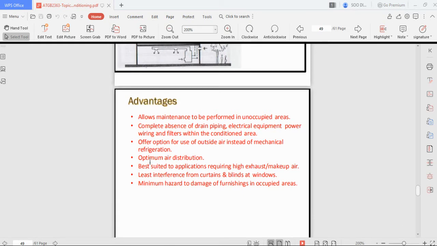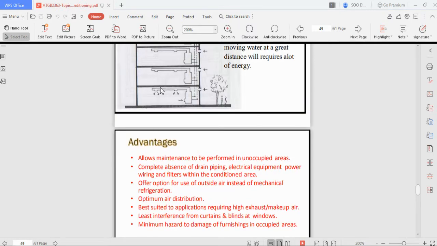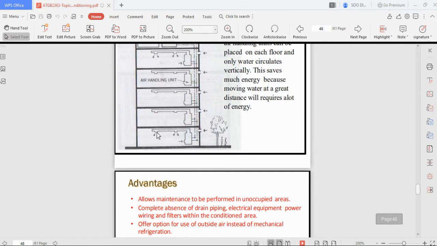You'll be able to distribute the air. So instead of having a personal air conditioning system where only that particular location the air is being cooled down, because you have different outlets. You can see here, this is one of the outlets, this is another two. So this is only a 2D view.